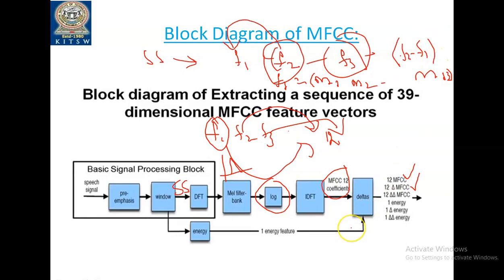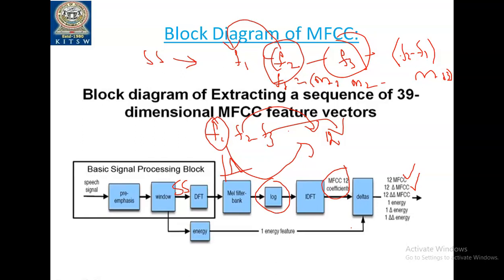When you take the first derivative, it is nothing but velocity, and the second derivative is nothing but acceleration. What you need to understand is how the formant is varying, which we call velocity. How formants of a speech signal are varying, that we call velocity.